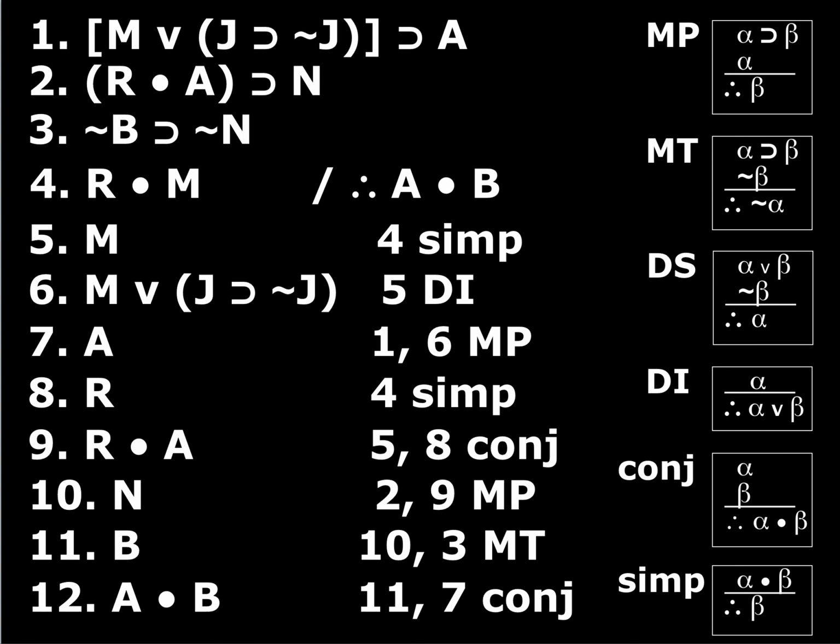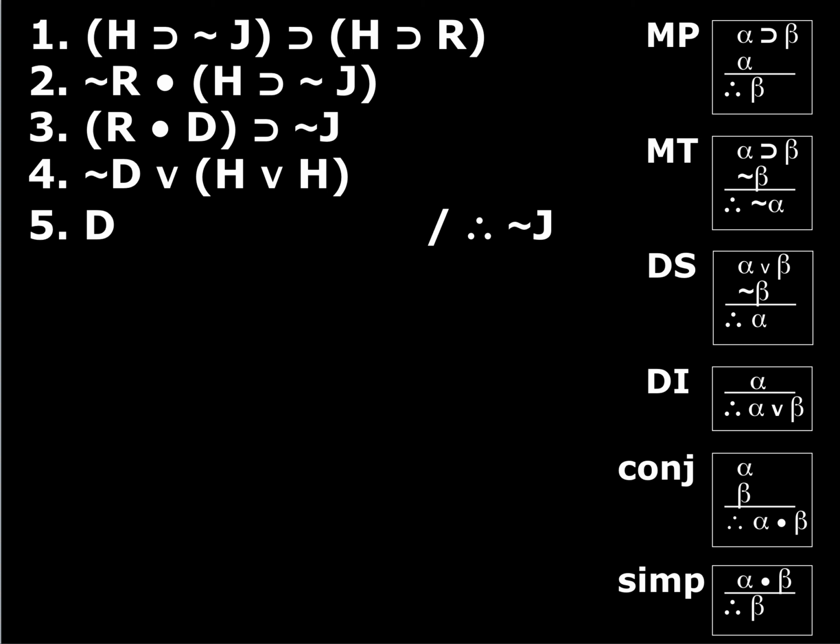Okay, let's do another one. Now this one I'm not going to work backwards. Let's just work forwards and see what happens. So what are the things I can do here? This is a conjunction, so I could simplify either of these conjuncts off.